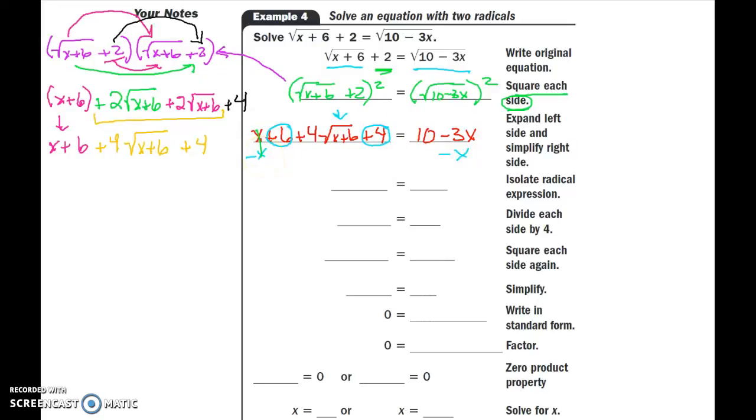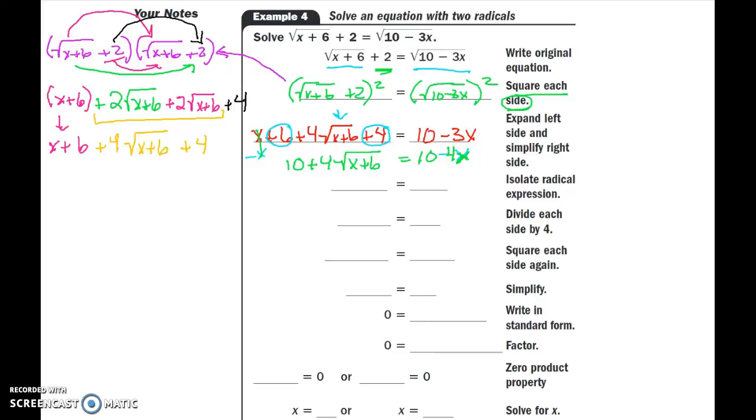I've got 6 plus 4 is 10, plus 4 radical x plus 6, and equals 10. And x minus 3x is negative 4x. I'm just going to change that because I subtracted x. 3x minus 1x is negative 4x.